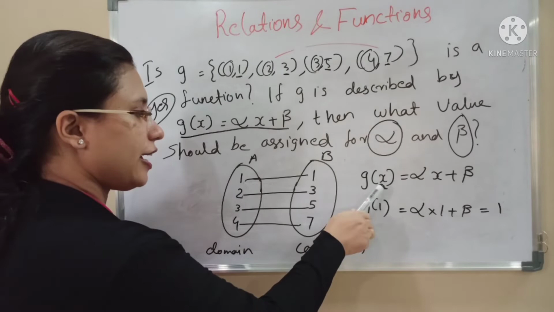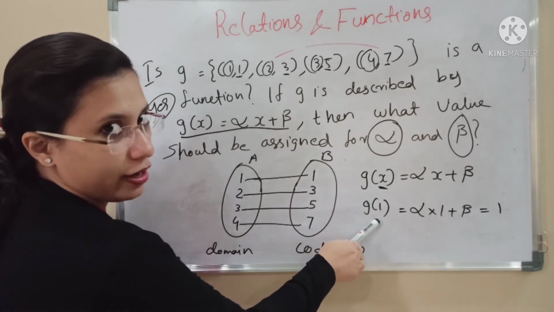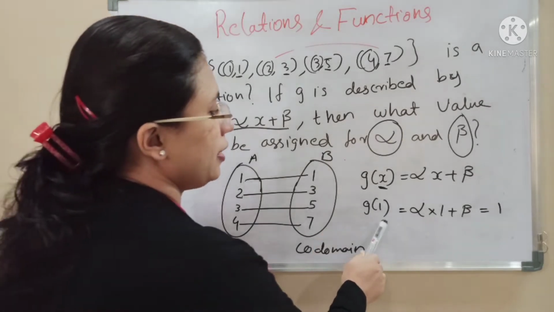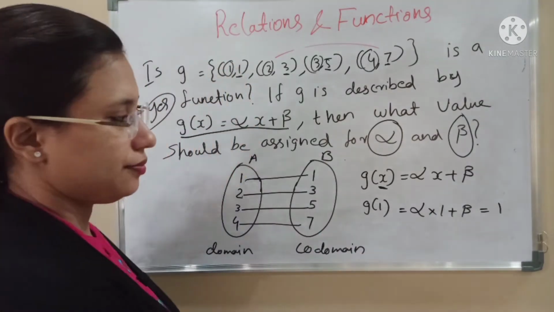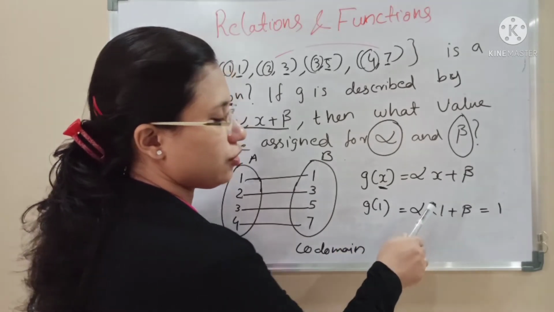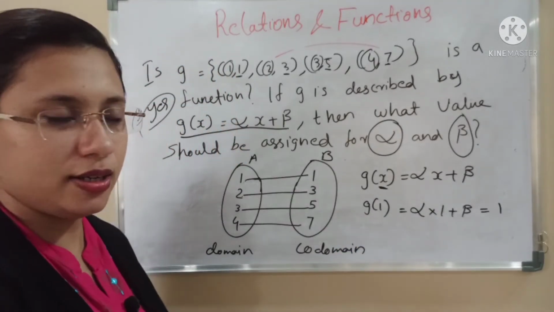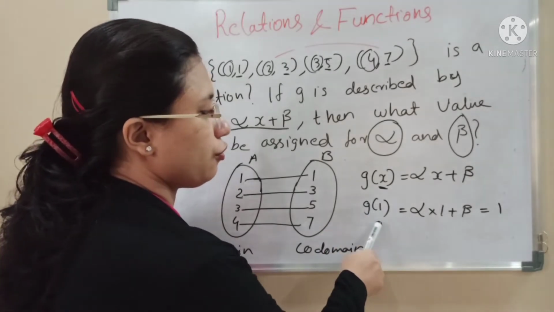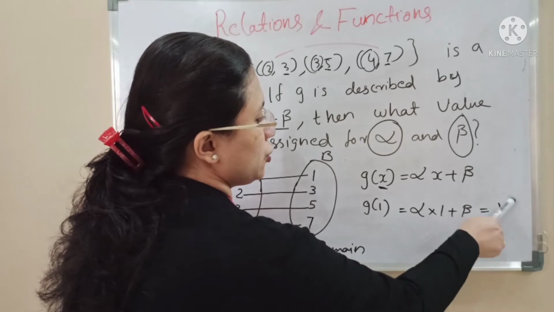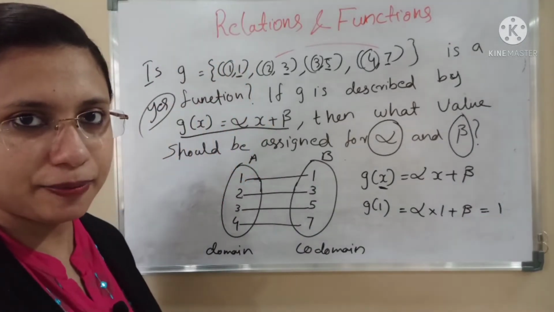When x is 1, its range will be 1. So in G of 1, in place of x we substitute 1, and this whole G of 1 gives us 1. Clear?